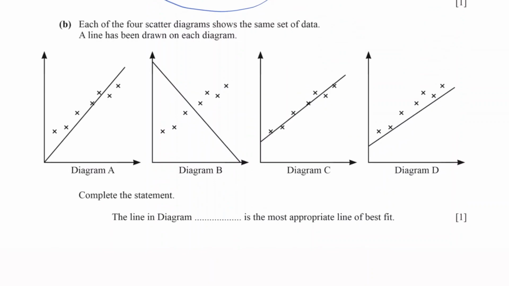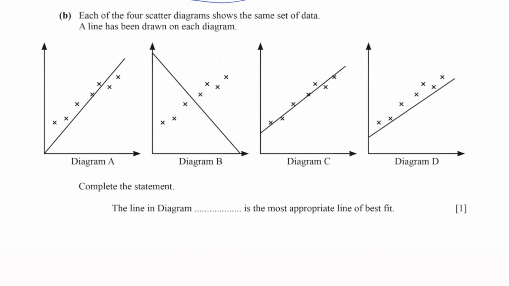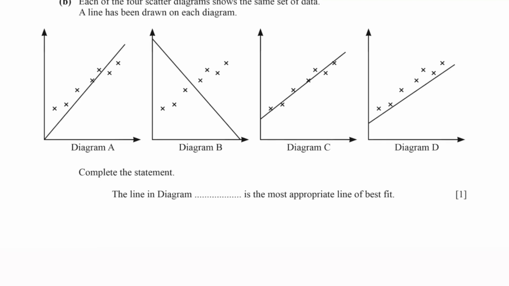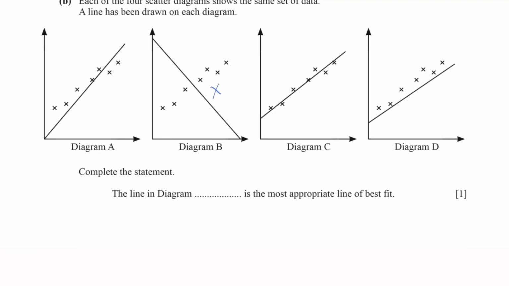Part B. Each of the 4 scatter diagrams shows the same set of data. A line has been drawn on each diagram. You have to complete the statement: the line in diagram dash is the most appropriate line of best fit. Actually, this is not the correct diagram to take, because the line is going in the opposite direction.